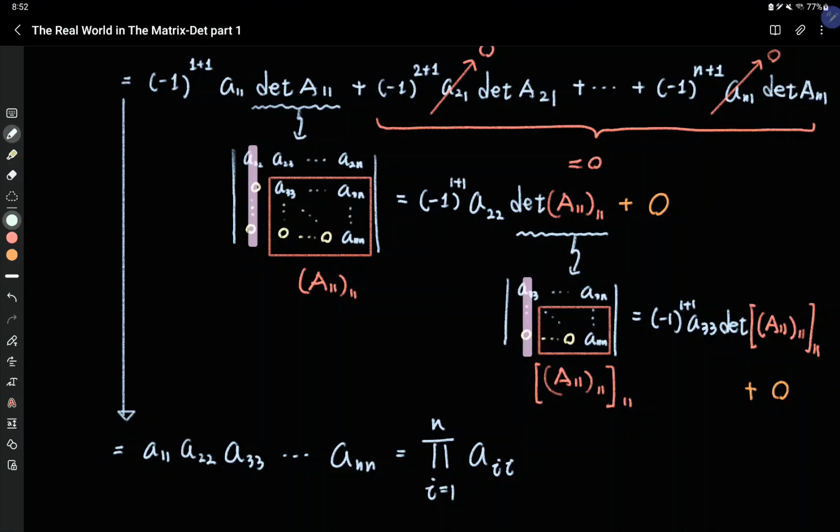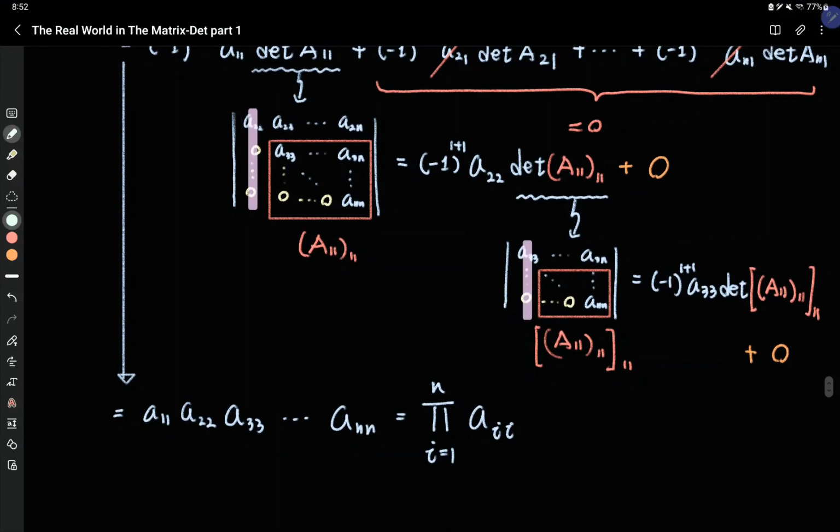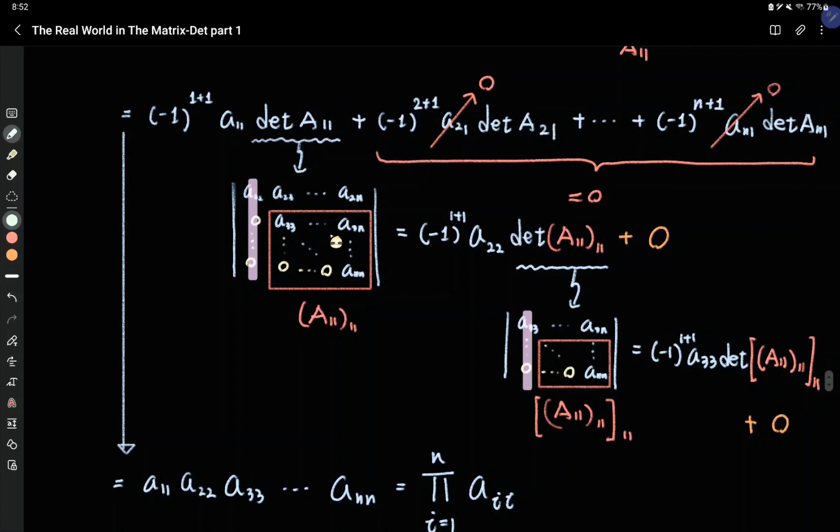Back to the second stage, what about the submatrices of all the other terms? They are 0, for the same reason: all the entries in this column are 0. So all other terms are going to be 0.